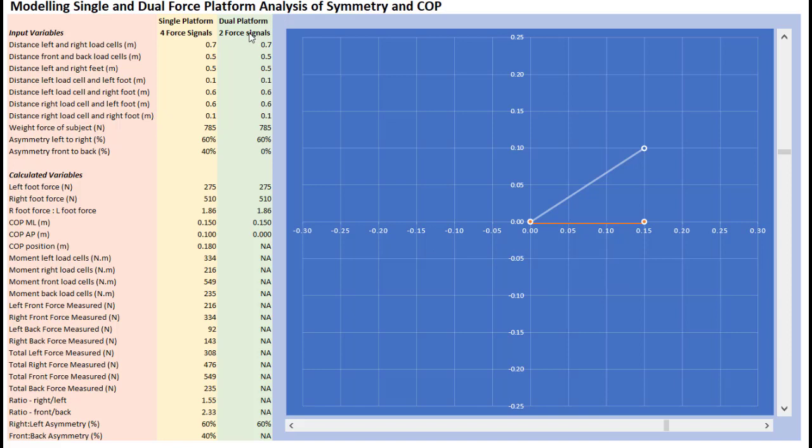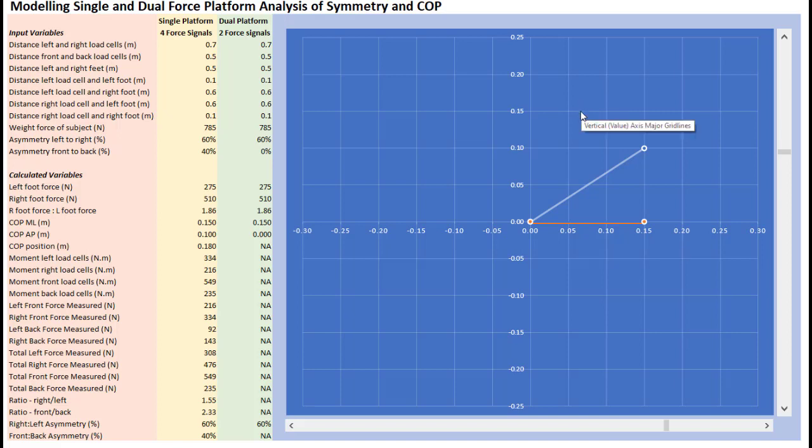Dual platform systems cannot resolve any shift in force in the anterior-posterior plane. They can only measure the left versus right forces applied. And they cannot track the center of pressure unless the distance between the 2 feet is known. Conversely, a single force platform cannot determine the force being applied by the left and right foot individually unless the distance between the 2 feet is known.